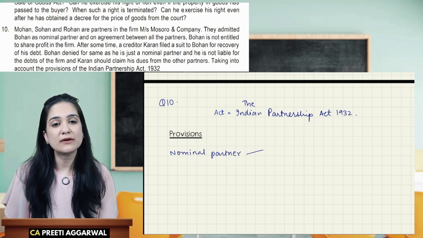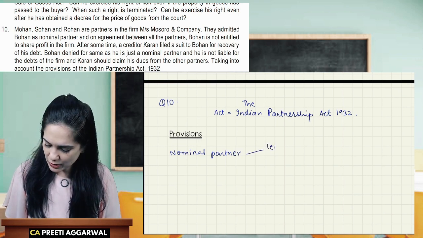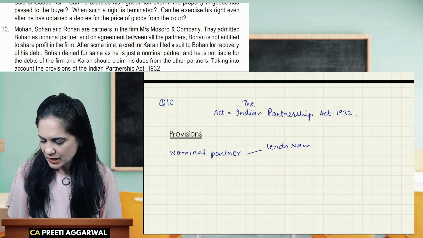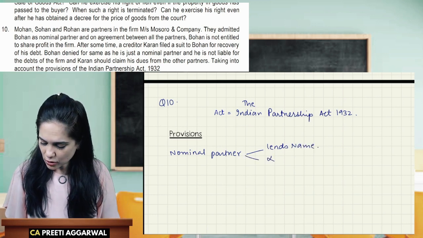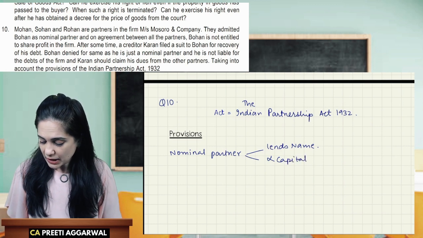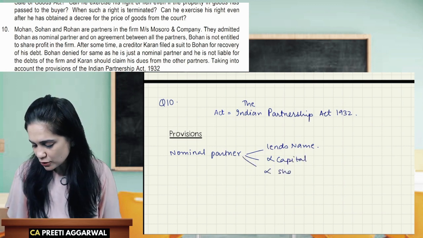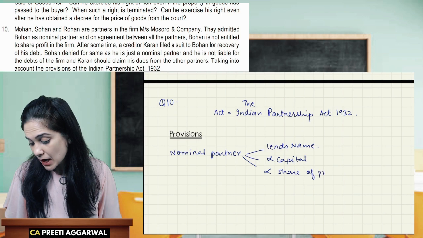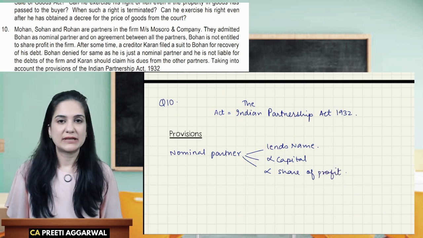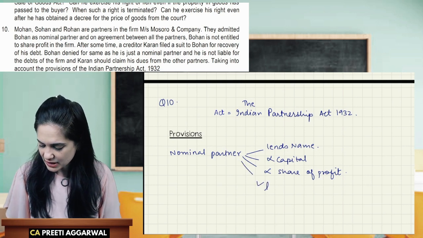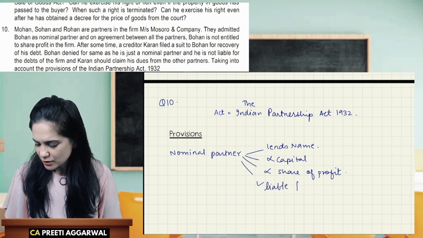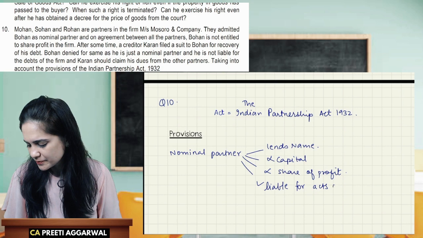Who is a nominal partner? He is a partner who lends his name. He has no interest in the business of the firm. He need not contribute capital. You need not give him a share of profit. But that doesn't mean that he is not responsible as a partner. He will definitely be liable for the acts of the firm. Okay, so this is something which we need to write.